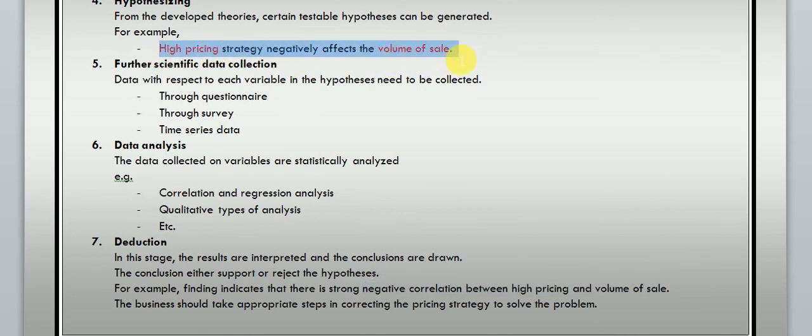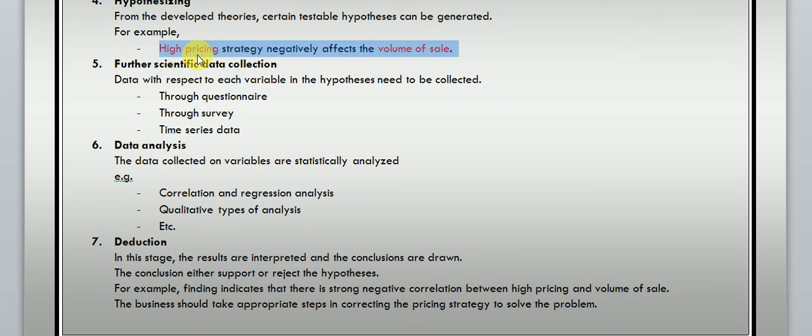It means your research has supported this statement, and you can now believe that a high pricing strategy negatively affects the volume of sale. When you set high prices, that will move your sale down, so the sale will drop if you set high pricing.